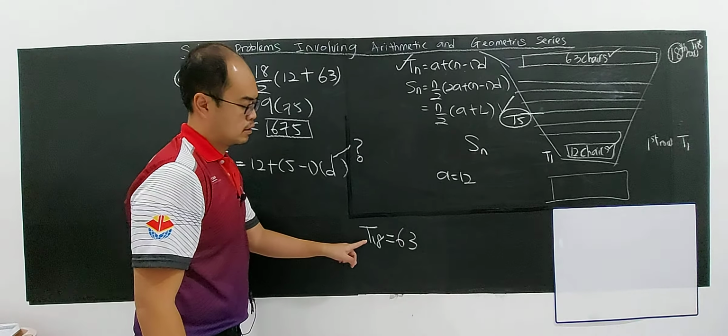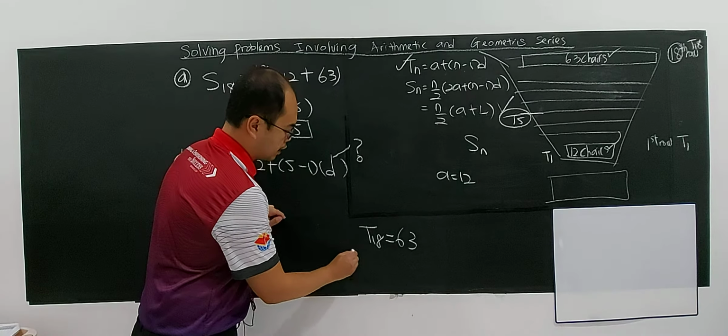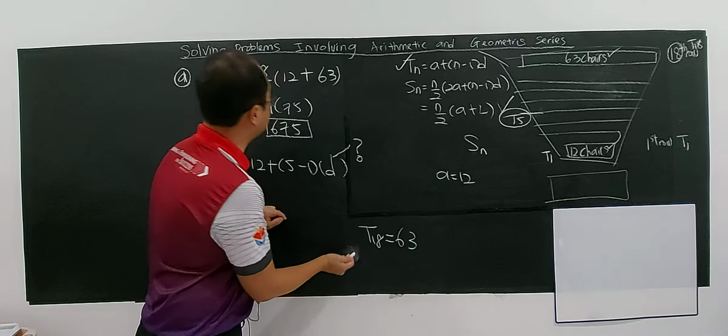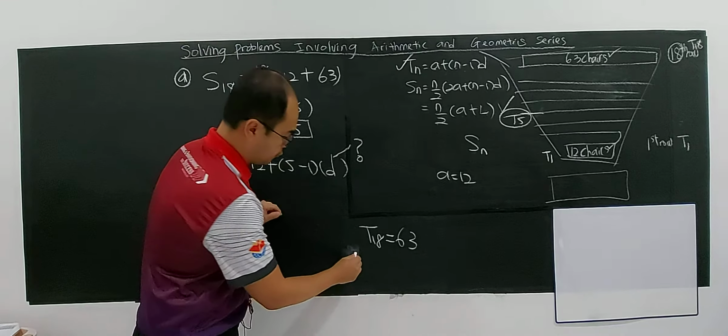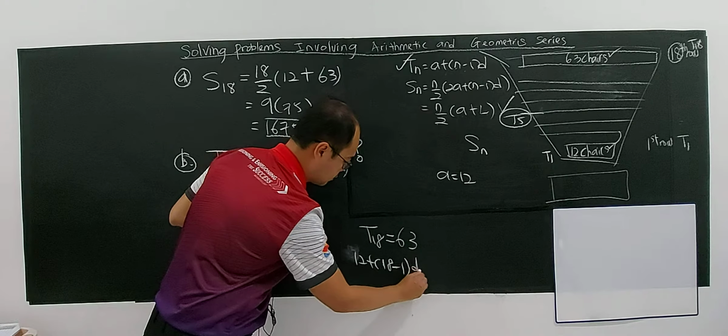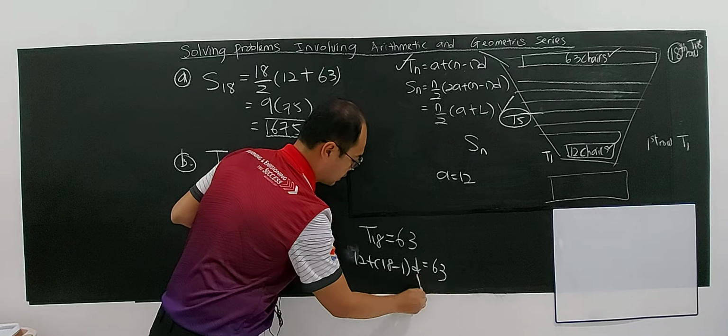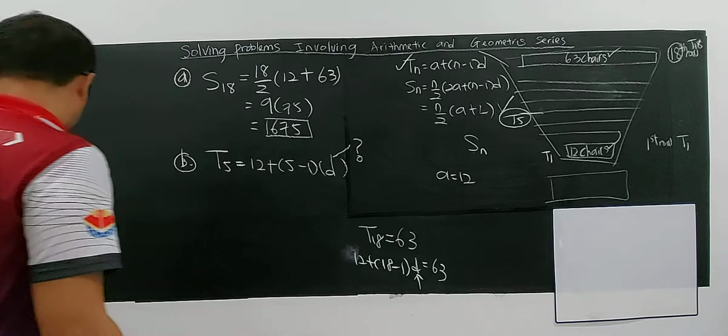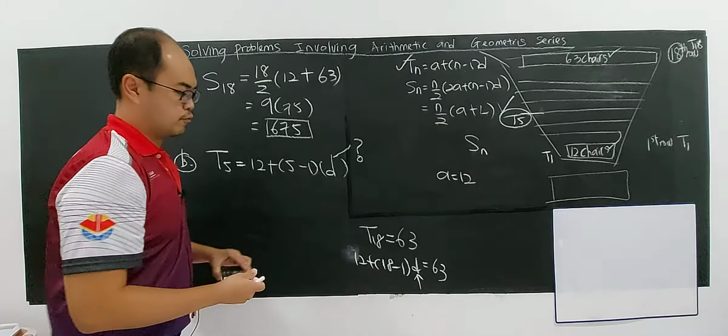So a here is 12 plus 18 minus 1 times D. You need to find the value of D first so that you can find the fifth row.